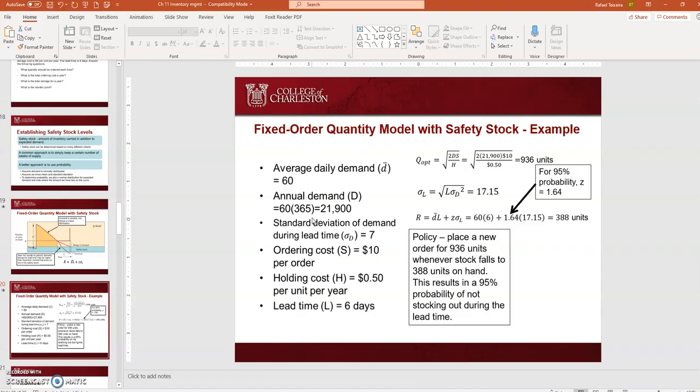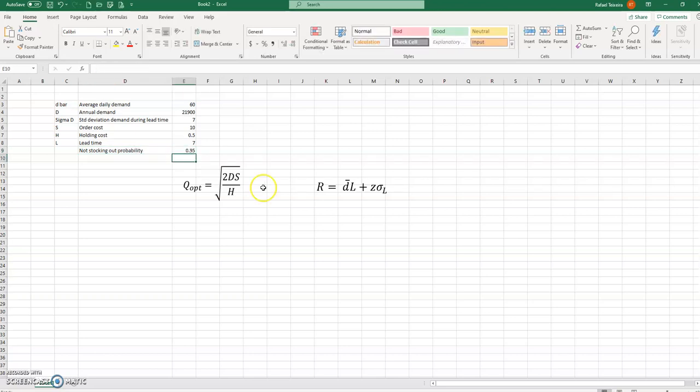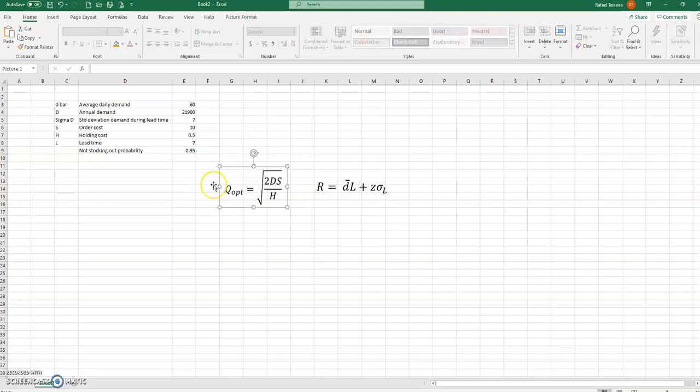And also, even though the problem doesn't list it here, we want a 95% probability of not stocking out. In the next problem, when you're going to practice, you're going to see that. So this is the probability of not stocking out. I'm going to use the decimal notation instead of 95%, 0.95.